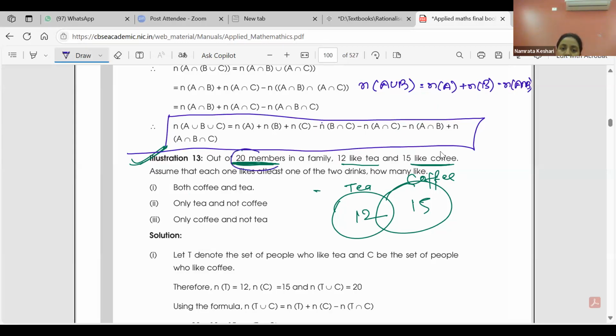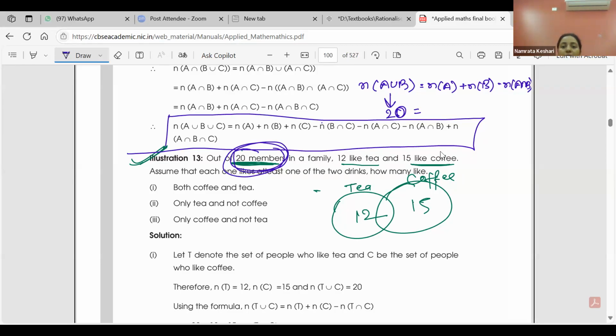This 20 members means few like tea, few like coffee, few like both. This 20 means the union. Nabila, can we say that total 20 people are there? And union means either this or that or both. That means 20 represents either this or that or both. We can say that, right? Yes, ma'am.